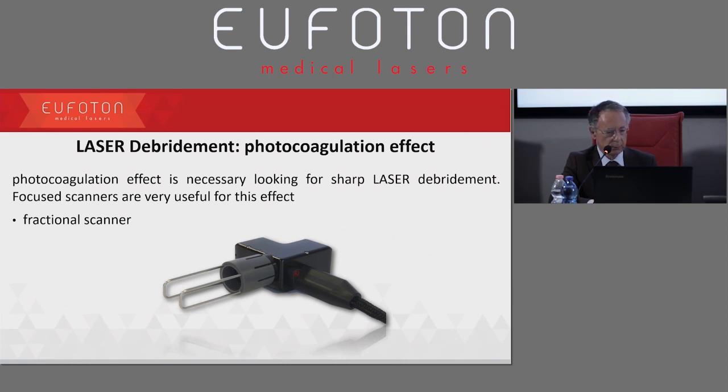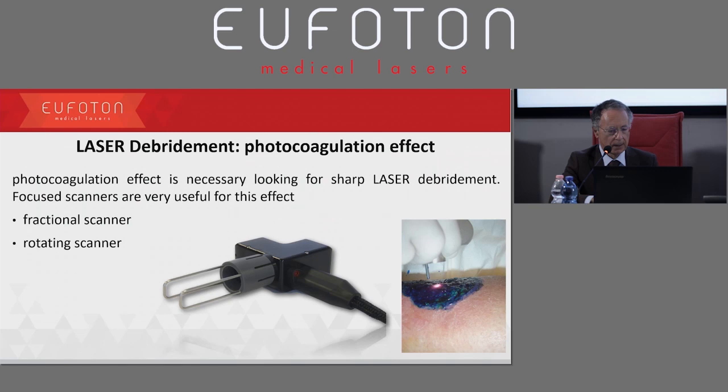Photocoagulation is necessary when we want to have a very intense debridement, with scanners, which can be fractional, as in this case, these are the more modern ones, or rotating.